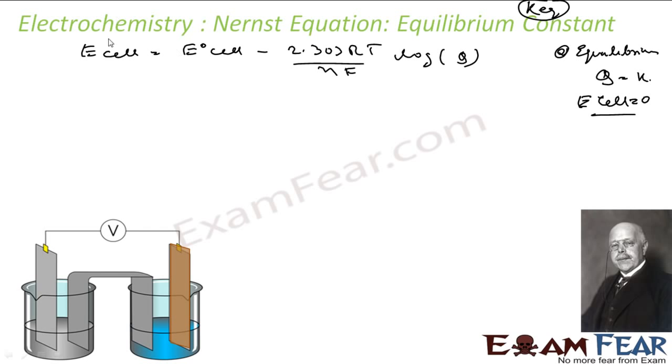Please note, E naught cell will not become 0, only E cell will become 0 because the cell will become dead, right? So at equilibrium this will become 0.